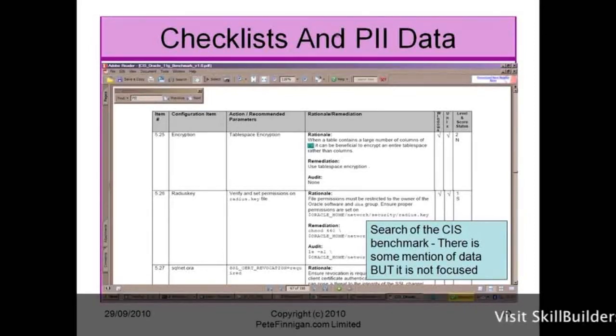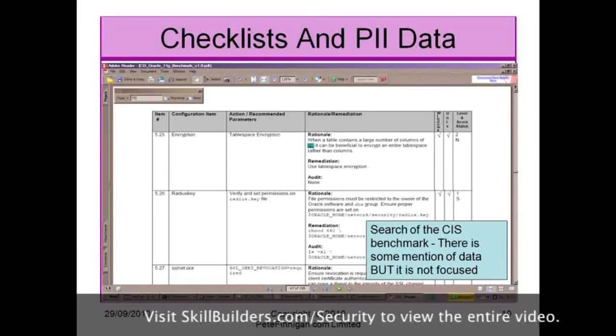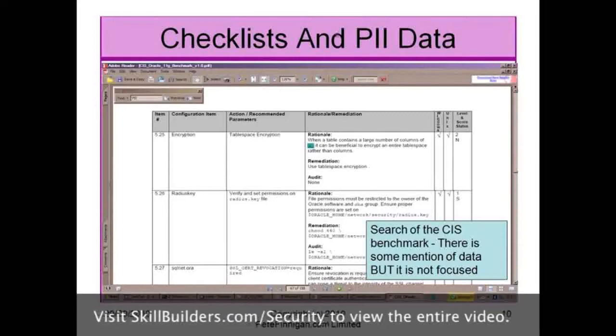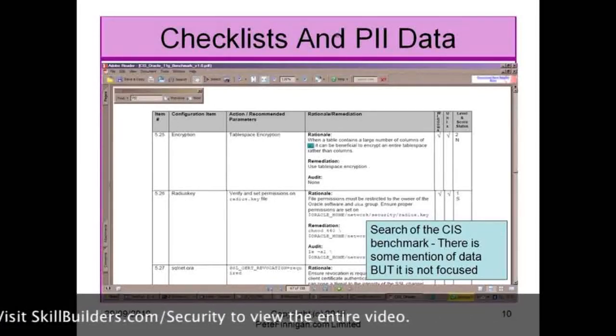It says when a table contains a large number of columns of PII, so we've got lots of different types of data, it can be beneficial to encrypt an entire table space instead of columns. In my particular case, generally we're not required to encrypt personally identifiable information to conform with the Data Protection Act.